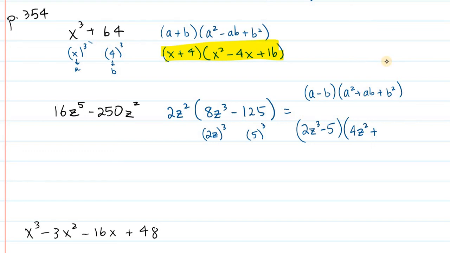So when I multiply them, I get 10z, oh, there's a mistake, I'm sorry. This is just 2z, not 2z cubed. So this is just 2z and then minus 5. Okay, multiply them, I get 10z, and then square the last term, I get 25. So that is my final factored answer.